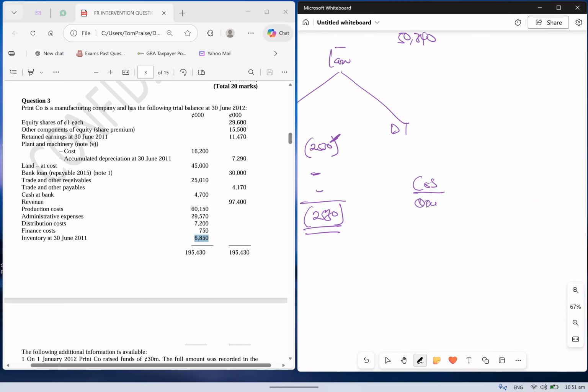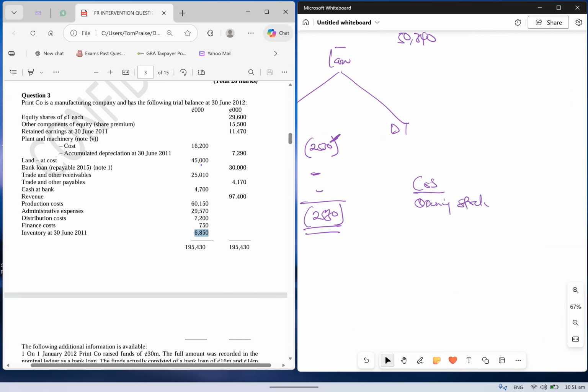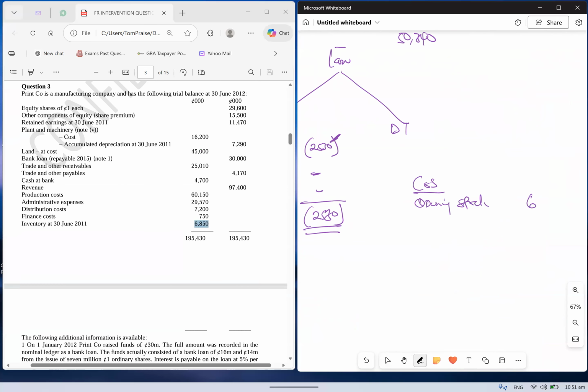We had opening stock, the one that I nearly made the closing, 68,500. Add purchases. But here we won't add purchases because this company is a manufacturing company, so they produce themselves. Production cost is 60,150.